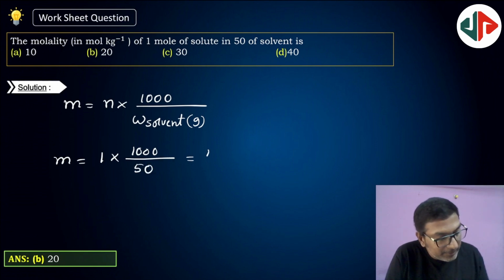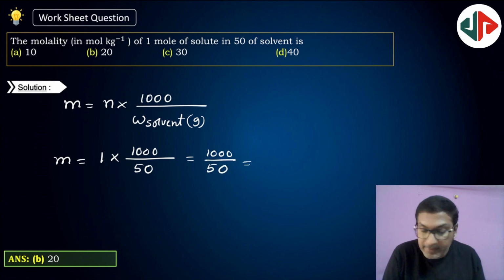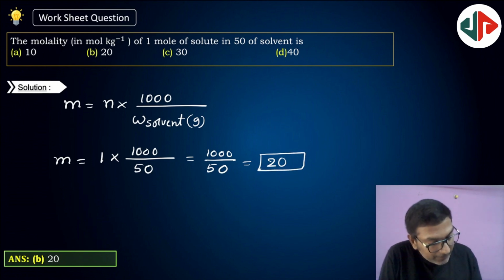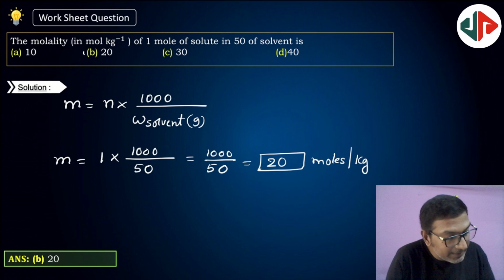That means 1000 by 50, which is 20. So 20 molal, or moles per kg. So 20 is the answer.